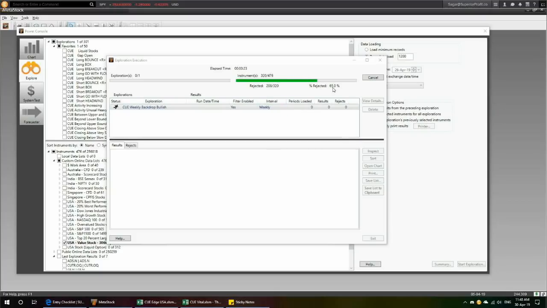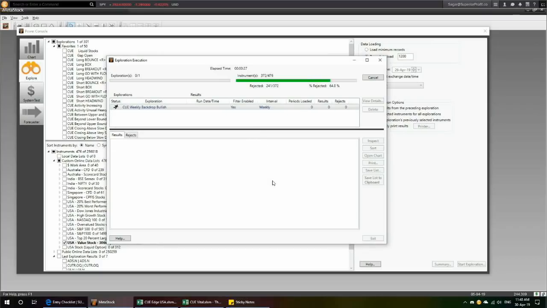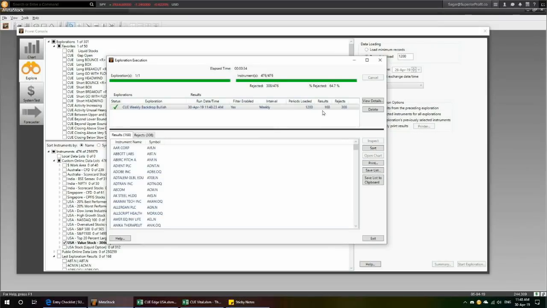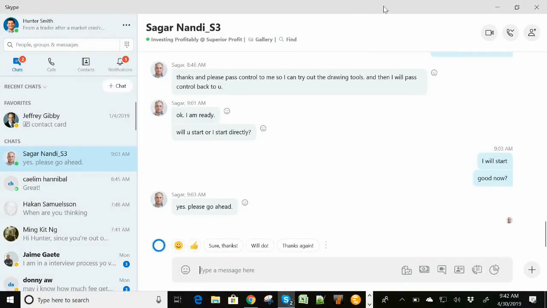It has completed 65%. We now have 168 stocks out of 476 stocks that were value stocks. These 168 are having weekly backdrop candle color as bullish.